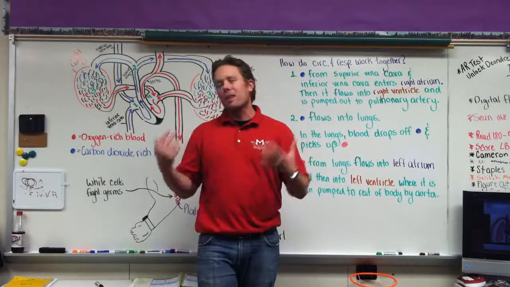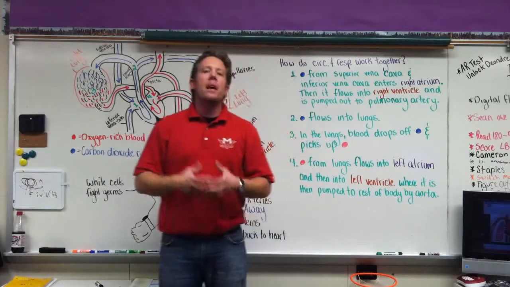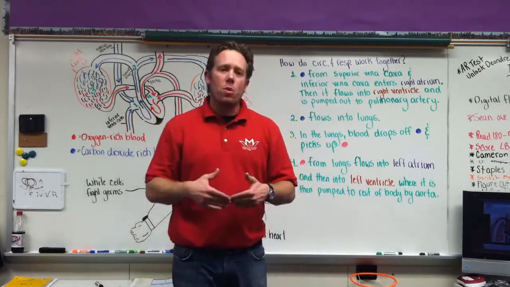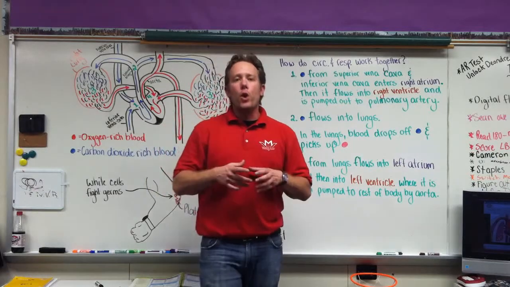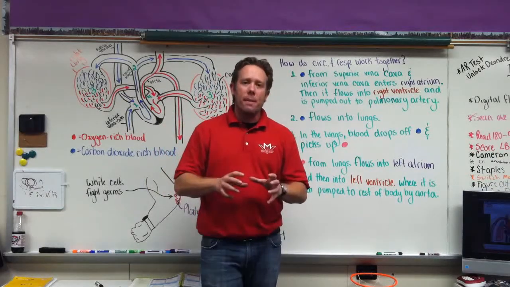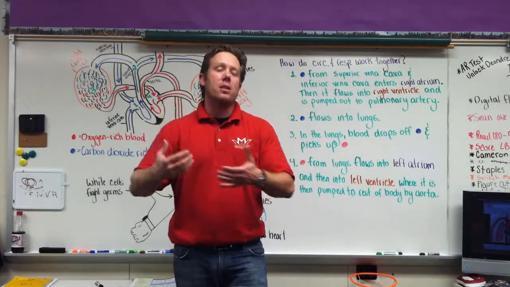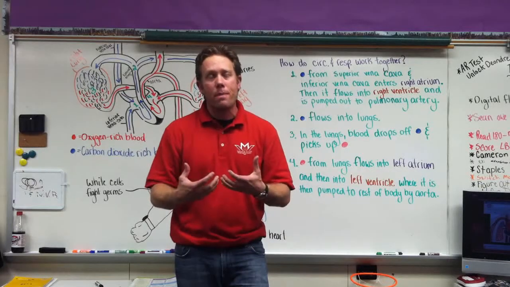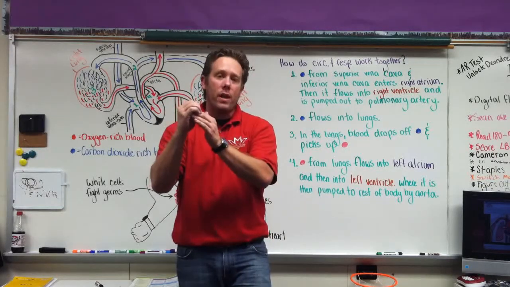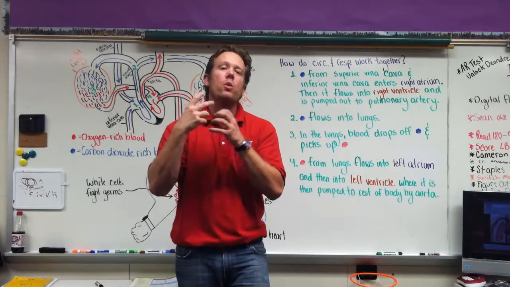We talked a little bit about that in class, how all the systems relate. The oxygen is brought into the red blood cells by the respiratory system. The food is brought into the red blood cells by the digestive system. The circulatory system then takes the food and the oxygen to the body cells, where the oxygen and the food go into the mitochondria, and the mitochondria converts those two things into energy.